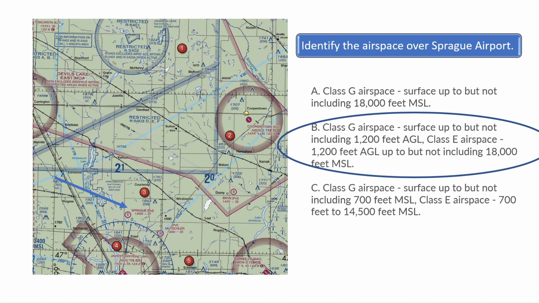Notice Cooperstown Airport on the right-hand side of the chart. Class G airspace would extend from the surface up to but not including 700 feet AGL at the Cooperstown Airport. Class E airspace would start at 700 feet AGL since the Cooperstown Airport is inside the magenta circle.